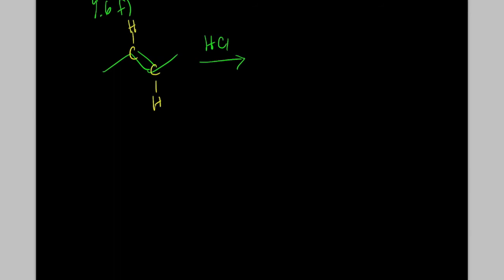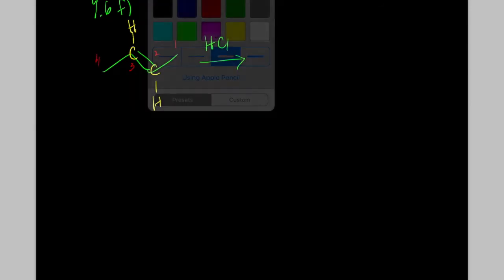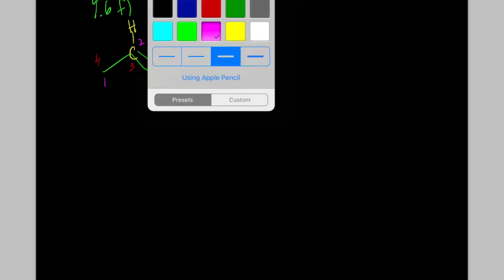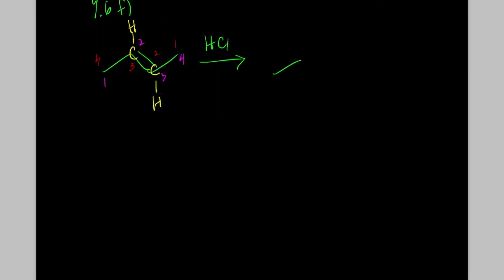Now, this molecule is symmetrical, in a way, because if you number it from left to right, or you number it from right to left, you're going to get the alkene at carbon 2 no matter what. So basically, you're only going to form one product. You can add the hydrogen on the left and the chlorine on the right, which is equivalent to doing it the other way.